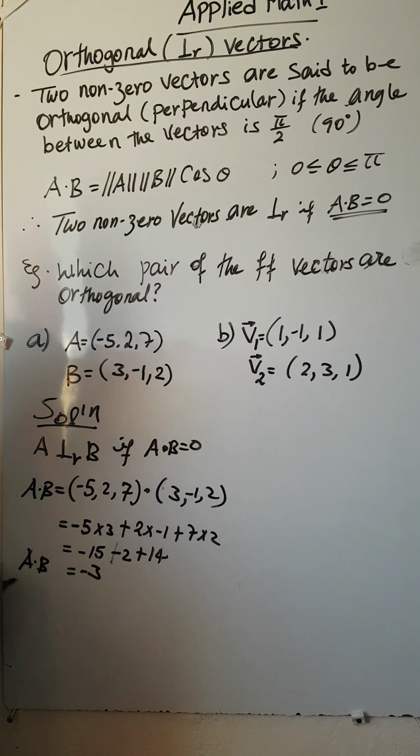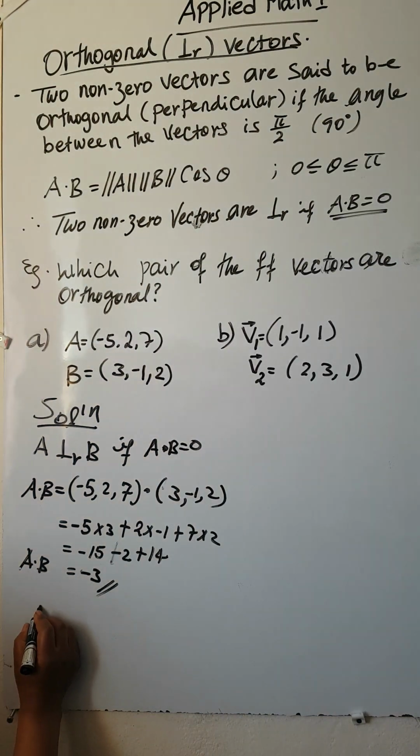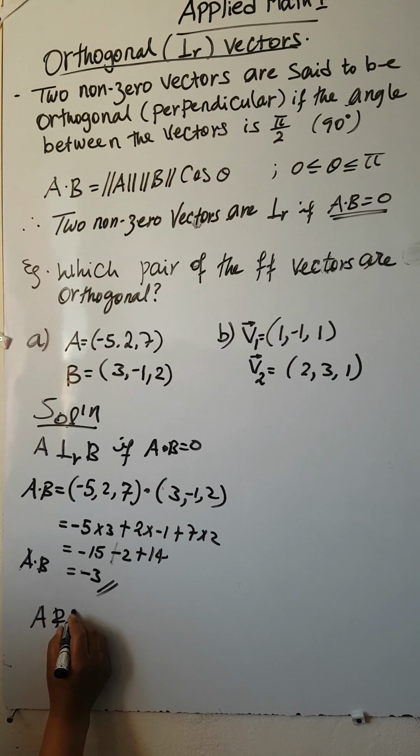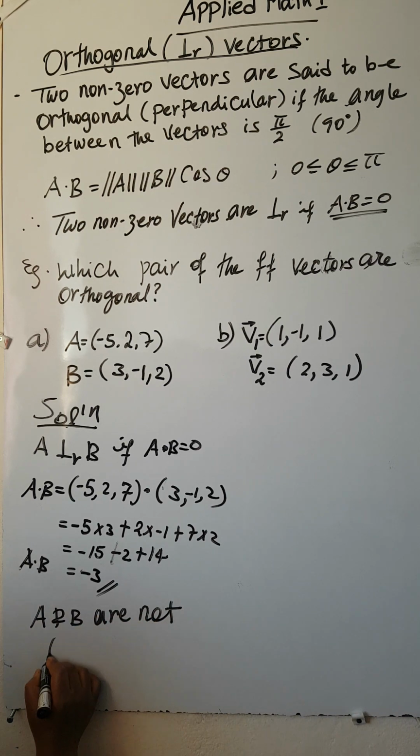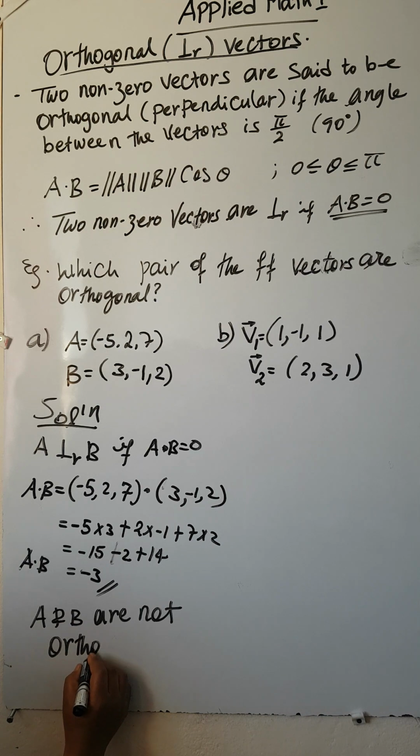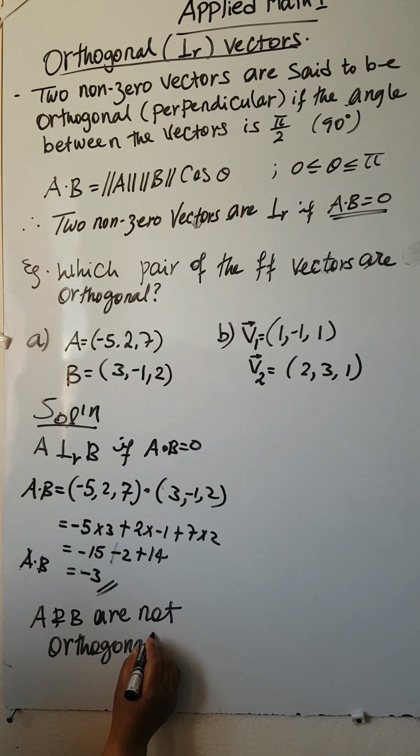ኦኬ -3 ሆነ ማለት ምን ማለት ነው a is not perpendicular to b or a is not orthogonal to b. Okay, so a and b are not orthogonal, or they are not perpendicular.